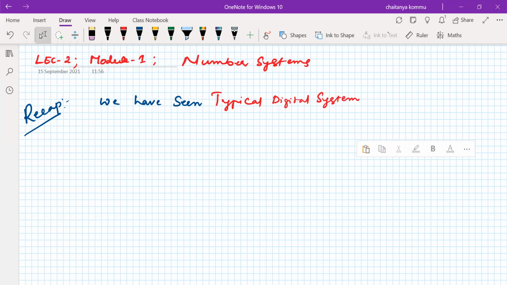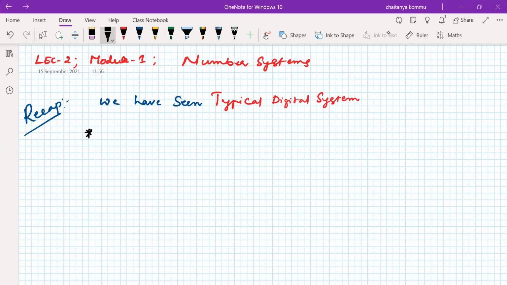Now, as we have seen, there are some advantages for the digital system because of the nature of the digital input. By the nature of the digital input, the system is very popular.